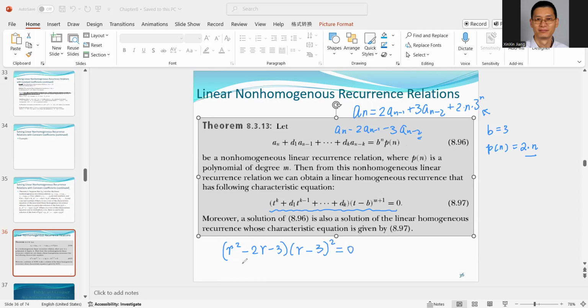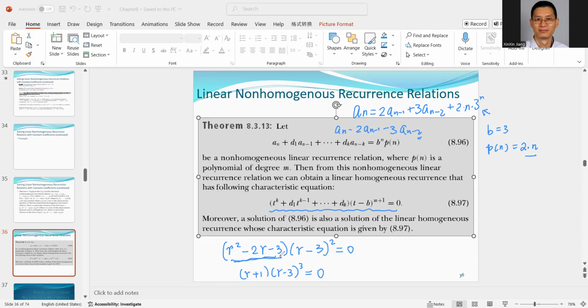And then you factor out the quadratic. You have r plus 1 times r minus 3. Then you combine with r minus 3 squared, and you get r minus 3 to the third. How to factor a quadratic expression? There are several ways.